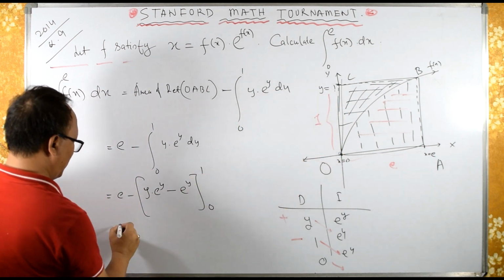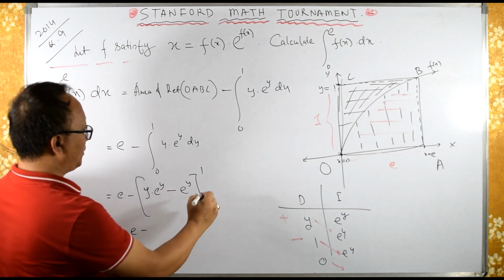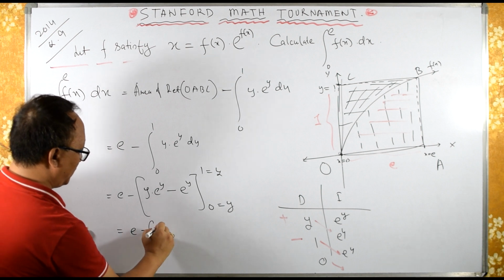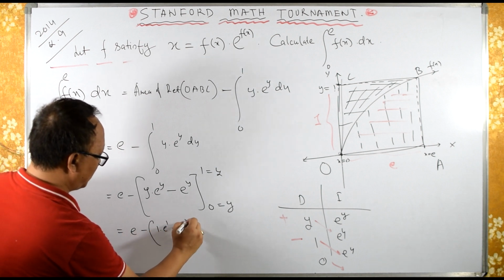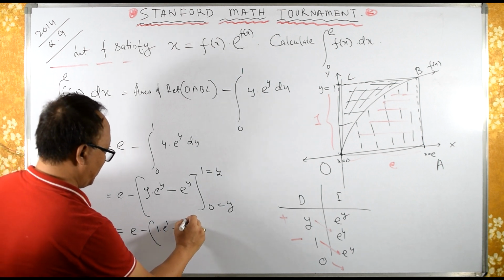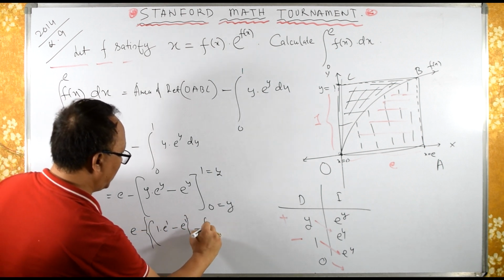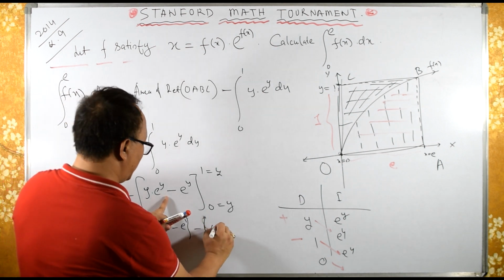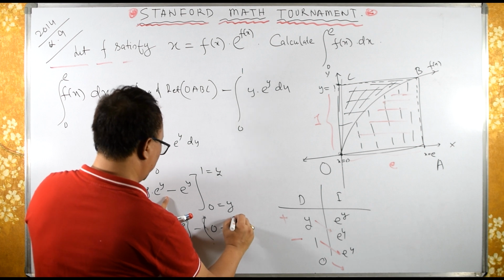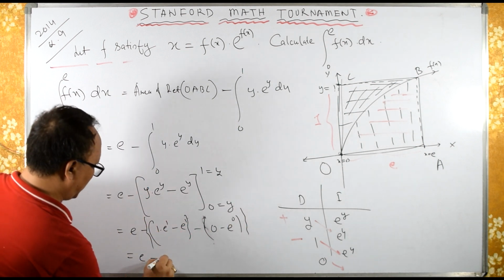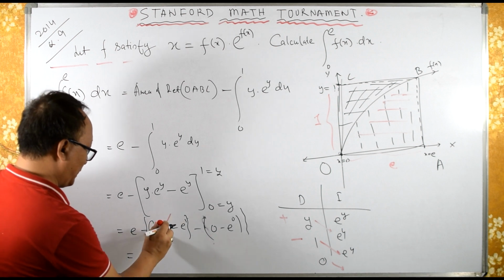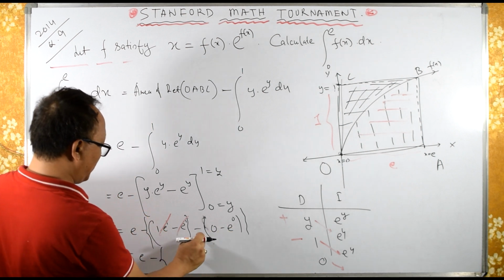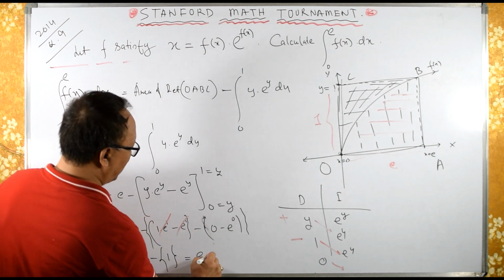This is the same as e minus, substituting y: 1 into e raised to 1 minus e raised to 1, that is the upper limit, minus the lower limit, where y equals 0: 0 minus e raised to 0. Here the two e terms cancel. So e raised to 0 is 1, minus minus gives plus 1. So it is e minus 1.